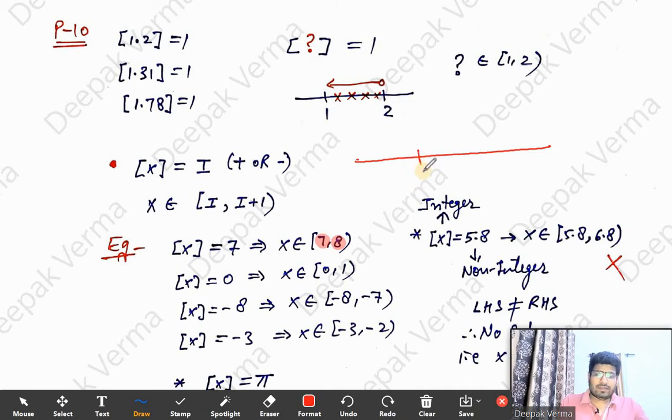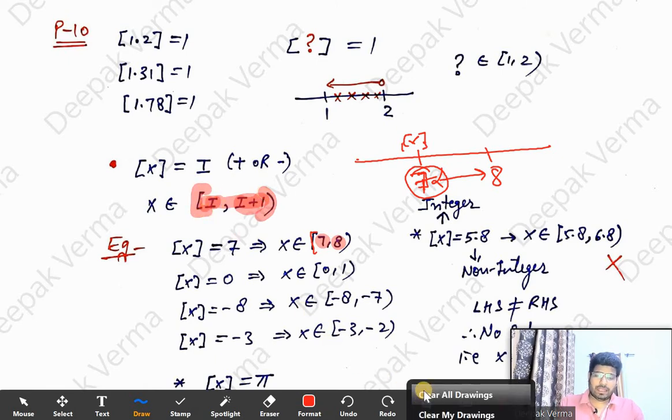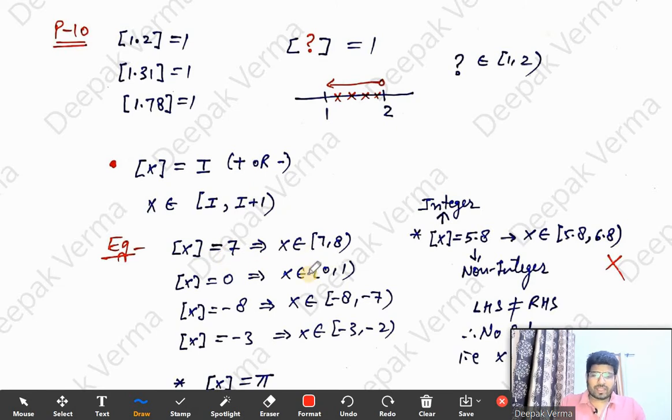If box x is 7, then let's say 8 is here. Then x can be anywhere between 7 and 8, and 7 also. So that is what we are writing: x belongs to 7 to 8. In general, I to I plus 1. With I plus 1 we will put an open bracket, with I we will put a closed bracket. Is it clear? I hope it is clear.